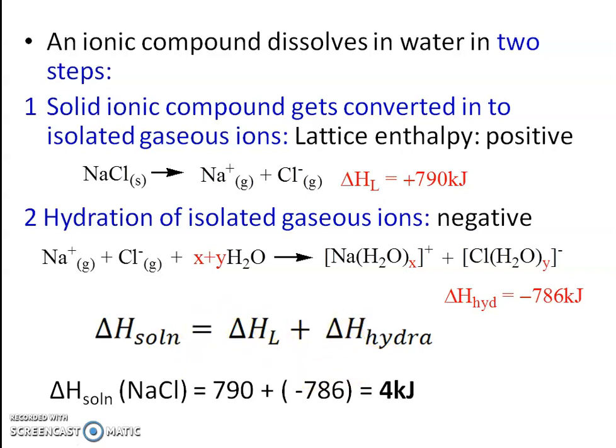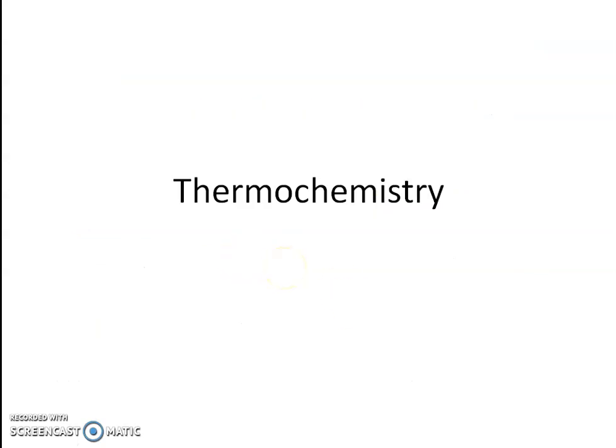So after completion of this section, now we are going to start the next section in thermodynamics, that is thermochemistry. Thermochemistry is the branch of thermodynamics which deals with the study of enthalpy changes in a chemical reaction. During a chemical reaction, reactants are converted into products, and there is a breaking of old bonds in reactants and a formation of new bonds in products.